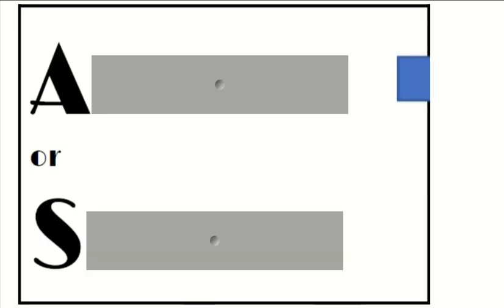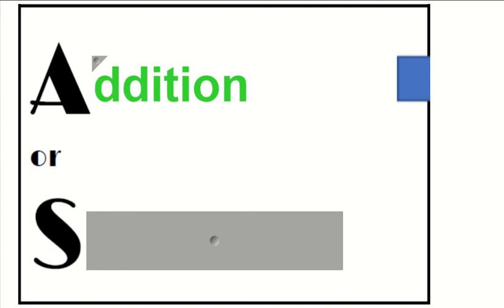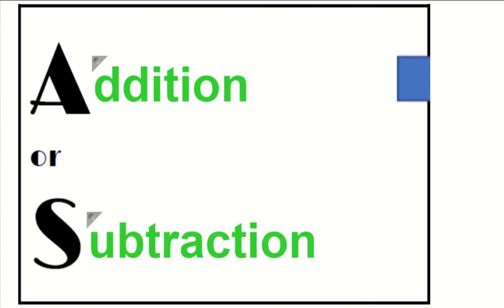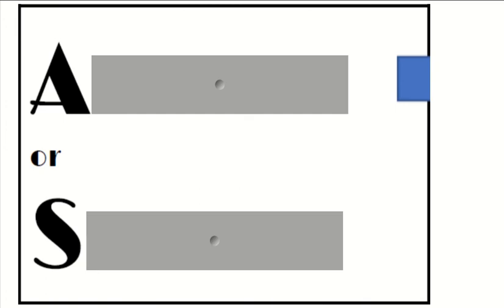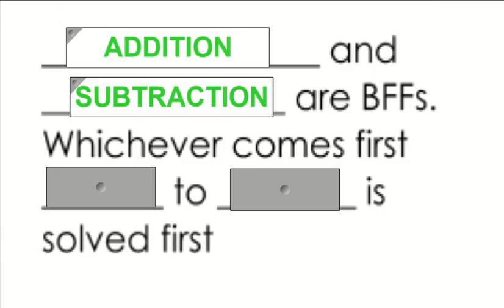The other one that's the same or similar is the A and the S. What's the A and the S? Addition and subtraction. They work out the same way, okay? Again, it says or. And again, if you look to the right in your workbook, addition and subtraction are BFFs.